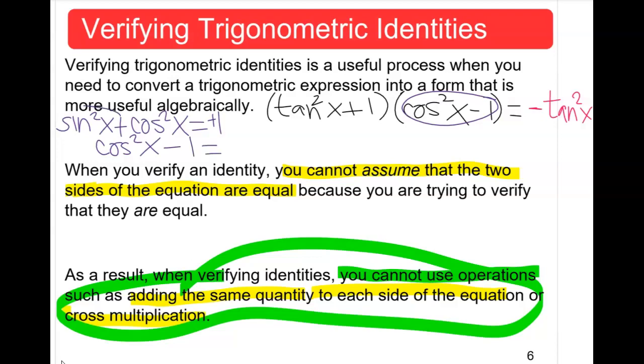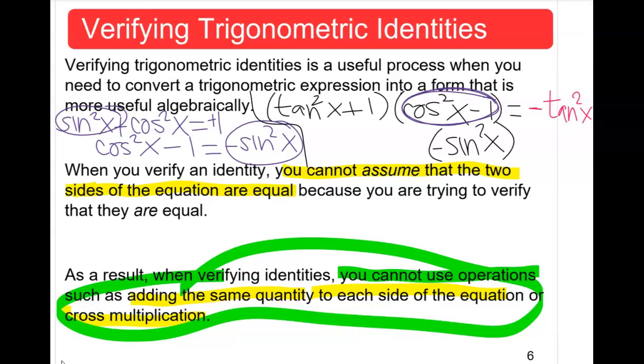And then we will take this positive sine square x to the right side, so it will become negative sine square x. Okay, so what I'm going to do is replace the binomial cosine square x minus 1 with the expression here, negative sine square x.